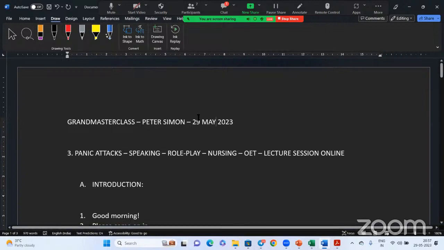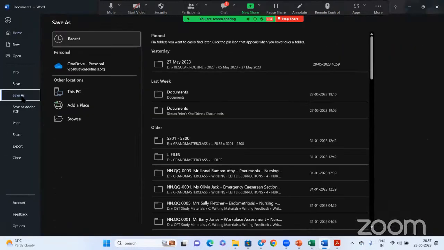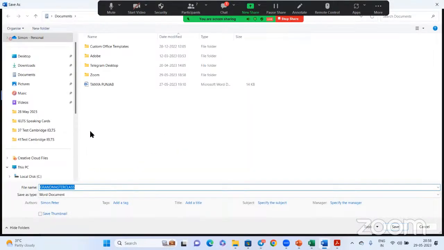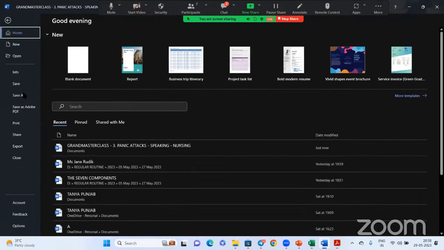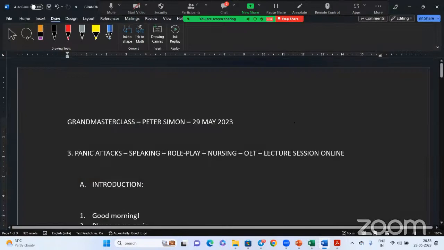Save as PDF. Yes, that is saved. So that is also saved.